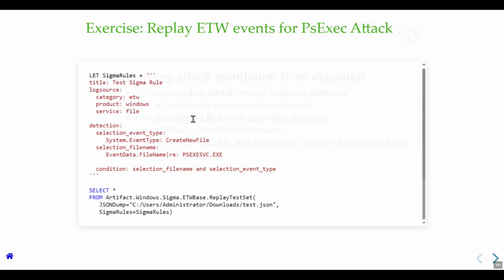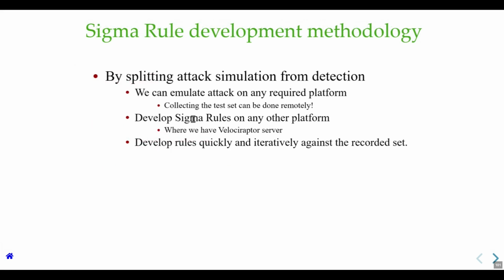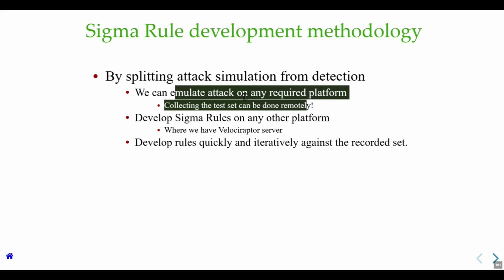We capture the data, and then we develop our Sigma rules on the captured data, from the attack simulation, and then we can actually collect the emulated attack remotely as well.